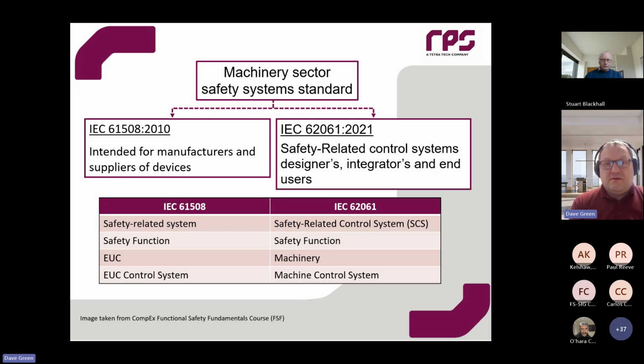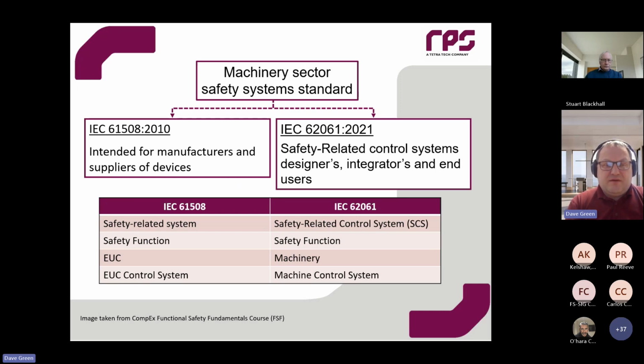Now, if you know the 2005 version of the standard, then the first definition shown on this screen has actually changed between the versions. So safety-related control system, as it's now called, used to be called a safety-related electrical control system because the standard was purely related to electrical systems. And now it's got hydraulics and pneumatics in, they've just dropped the electrical in the definition.